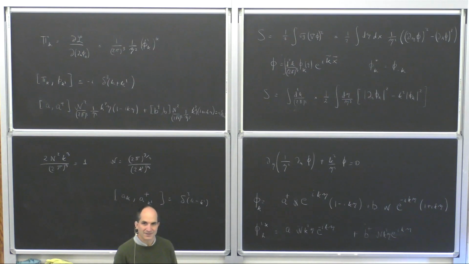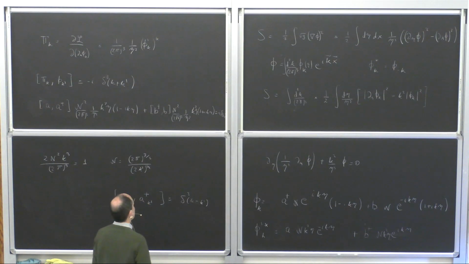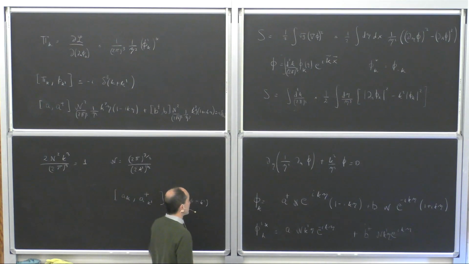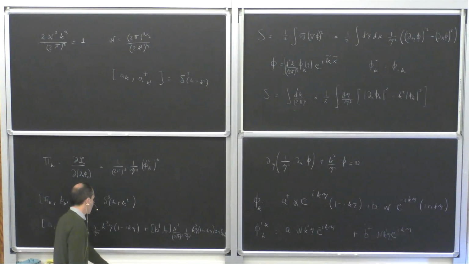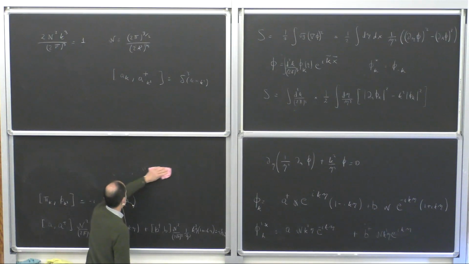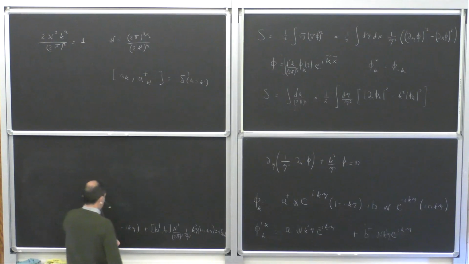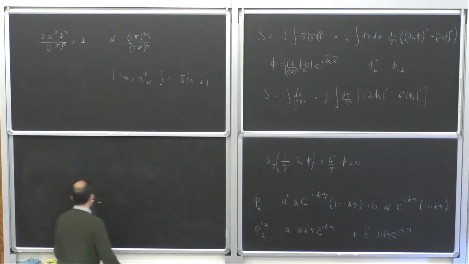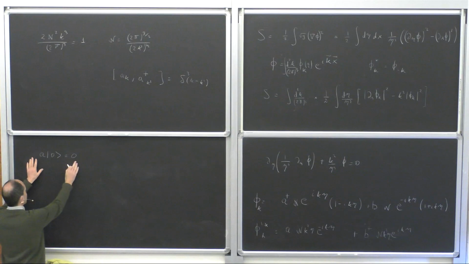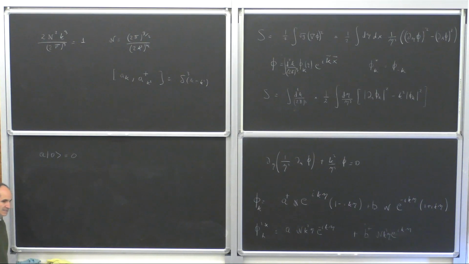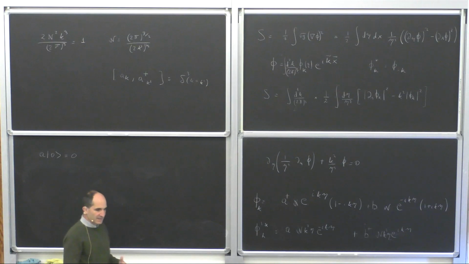If we're dealing with a harmonic oscillator, there is a special state which is the minimum energy state, the state which is annihilated by the A's. But here we have a time-dependent situation.